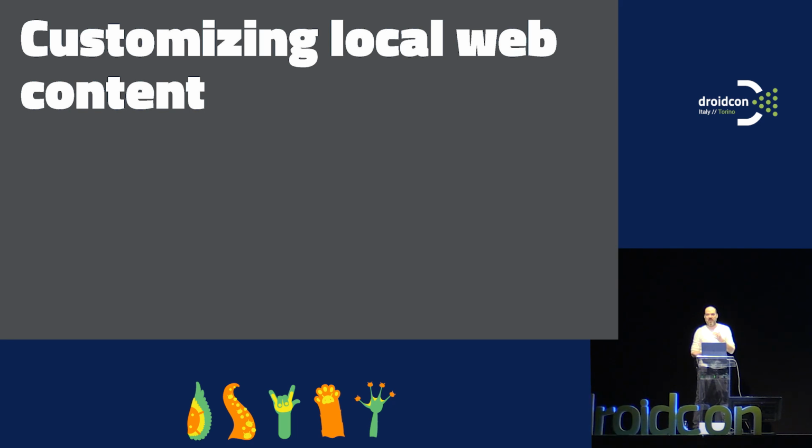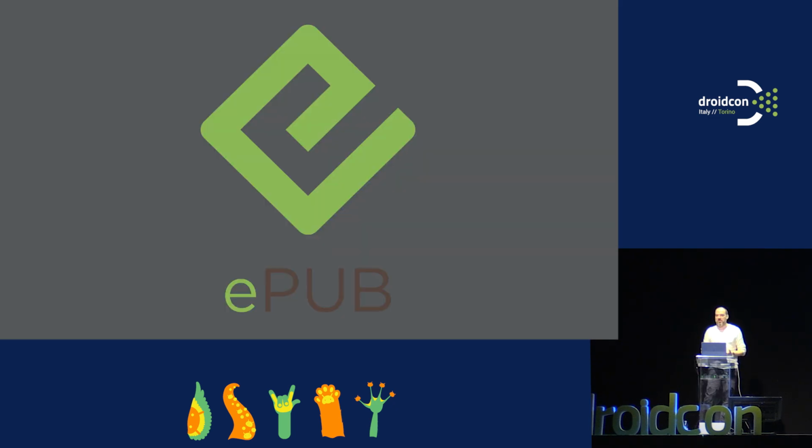You basically need to adapt, customizing the local web content in some way. And now you might ask, why would we need to do that? Well, ebooks are a typical example there. So ePub is the standard for e-publications, or ebooks, basically. And that is what we're going to look at next.